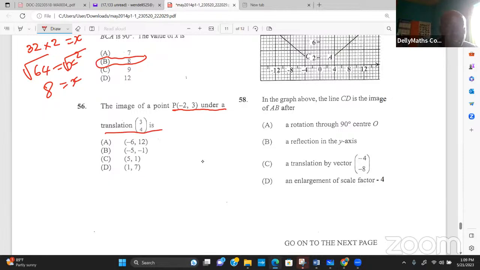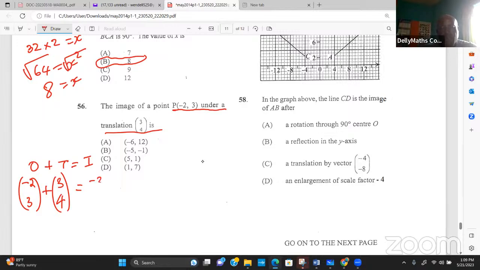Object plus translation gives image. P is the object. Under the translation, remember you can add your translation to your object and it gives you the image.